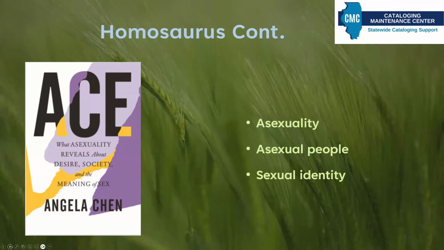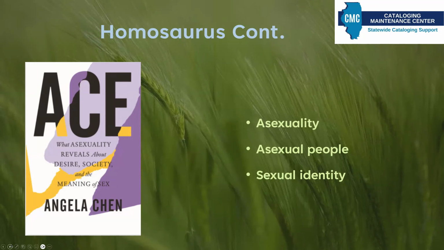The source we'll be looking at for using the Homosaurus is Ace: What Asexuality Reveals About Desire, Society, and the Meaning of Sex by Angela Chen. There are a plethora of subject headings that can be found in the Homosaurus that could describe this book, including the most important: asexuality, asexual people, and sexual identity, because the book isn't just about sex as the cover relays, but more about sexual and romantic attraction, which sexual identity speaks to.